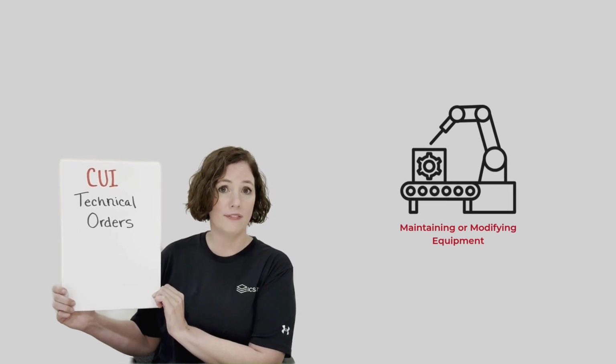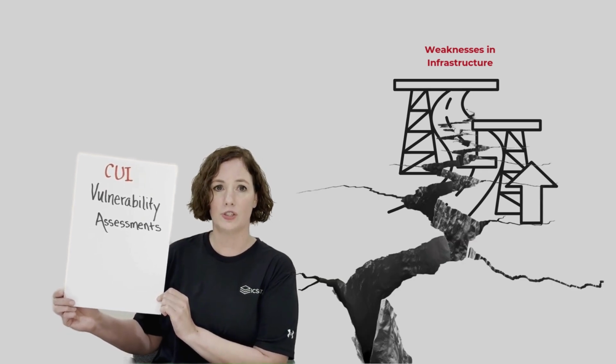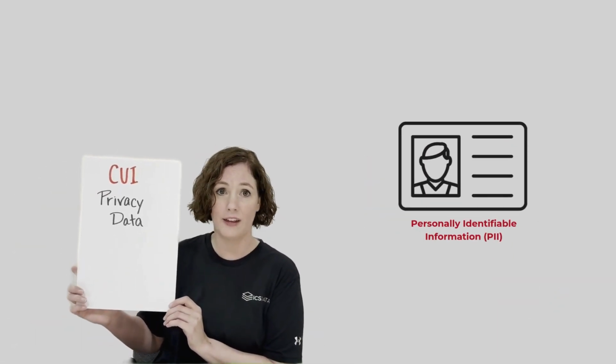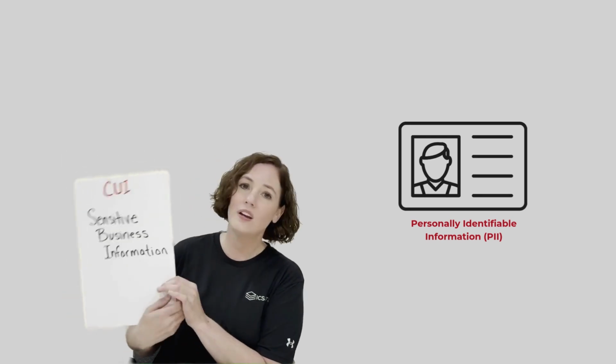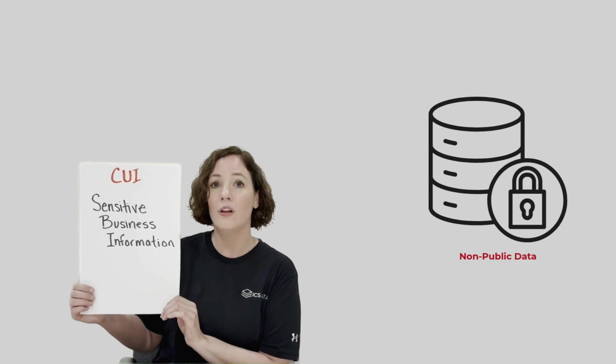Technical orders with instructions for maintaining or modifying equipment. Vulnerability assessments that evaluate weaknesses in infrastructure. Export control information, including data related to restricted technologies. Privacy data like PII or personally identifiable information. Or sensitive business information with non-public data that could be harmful if disclosed.